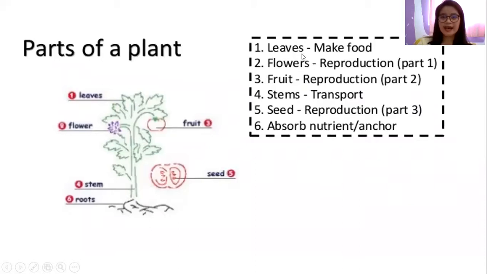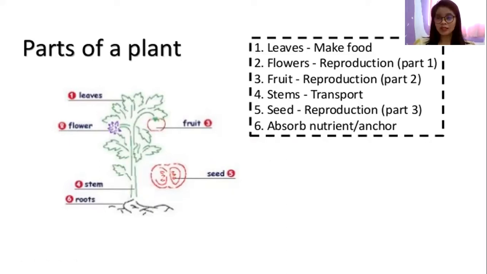And we have the flower, or with S. Then we have the fruit, and stem, can also be without S, and seed, and we have roots. Roots, okay? And every part of the plant has a function.